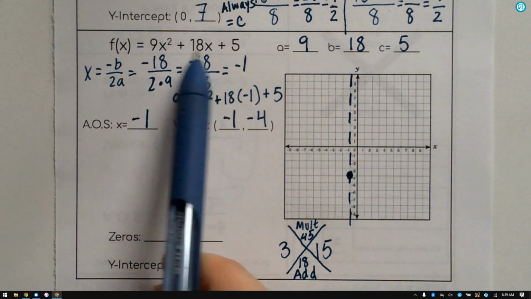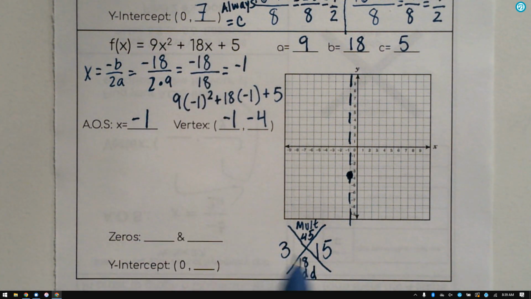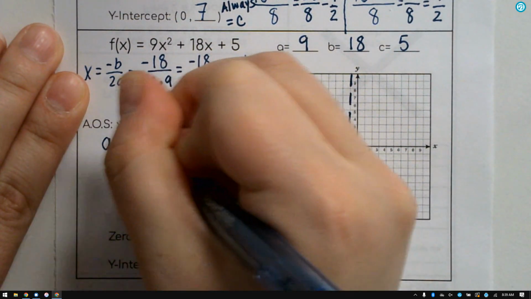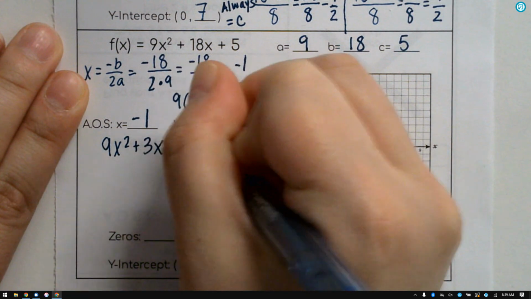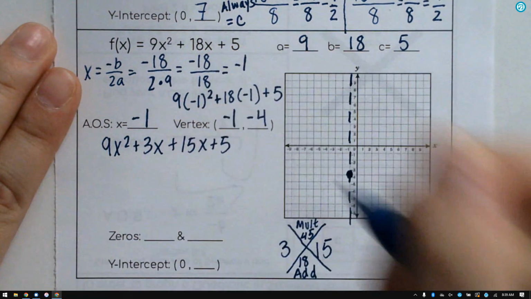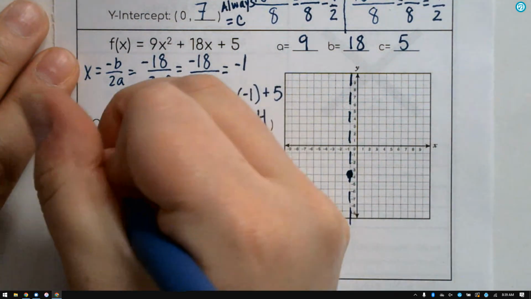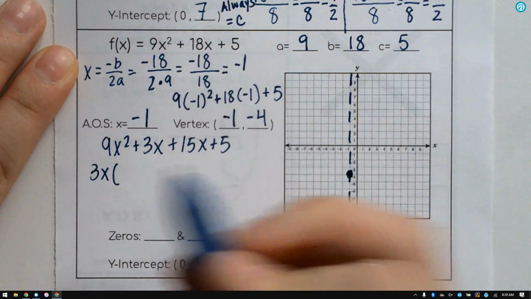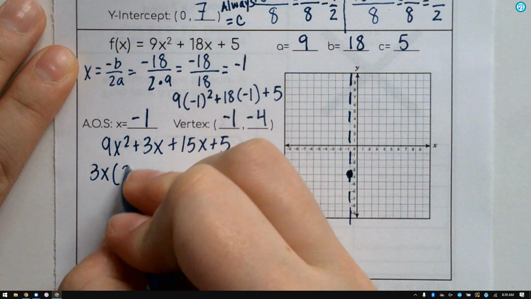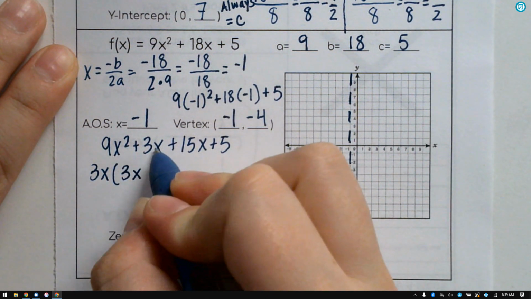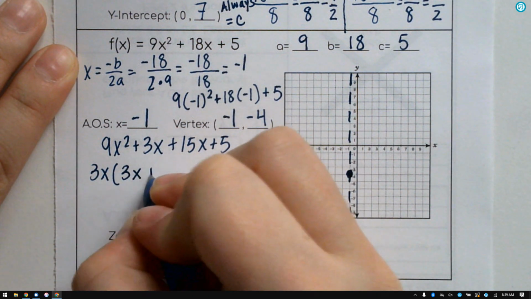So then I'm going to take my 18x and split it up into 3x and 15x. So I've got 9x squared plus 3x plus 15x plus 5. From there, out of my 9x squared and my 3x, I can pull out a 3x. 9 divided by 3 is 3. I still have an x, because x squared take away one of them. And then 3x divided by 3x is 1. Anything divided by itself is 1.